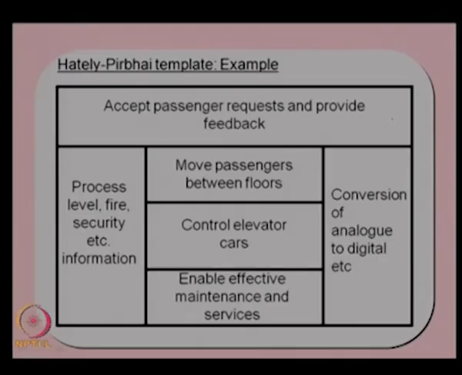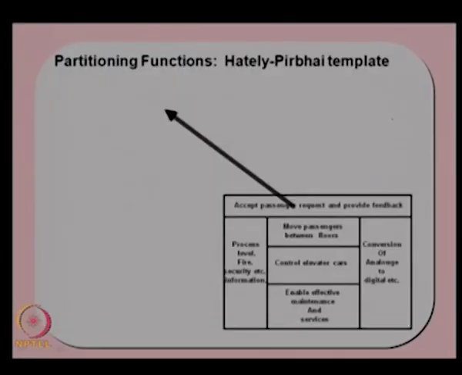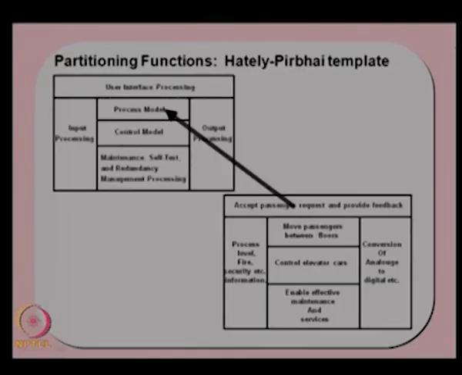Let us look at how we actually do this. So, look at this block over here. Here we have seen the first one, the top level functional decomposition, that is move passenger between floors, which was decomposed into 5 functions. Now, suppose I want to decompose the function accept passenger request and provide feedback into sub functions, I will make another HP template like this, and the process model here will become accept passenger request and provide feedback.